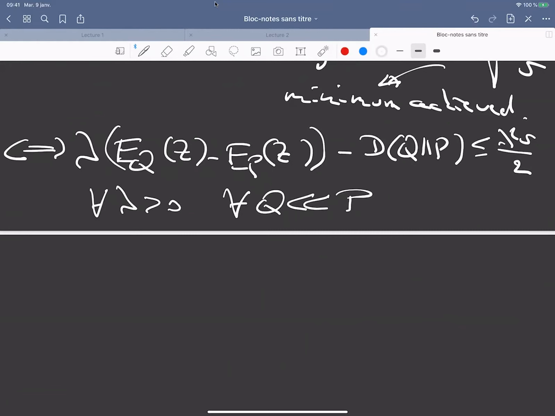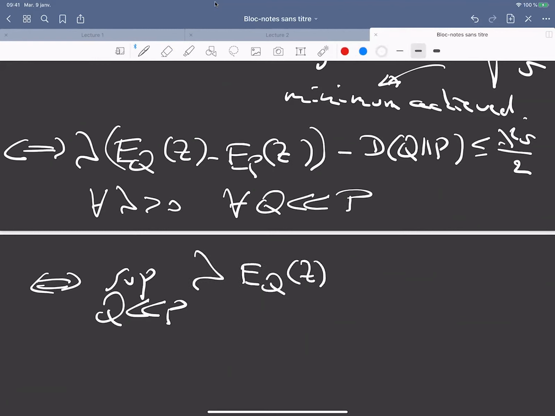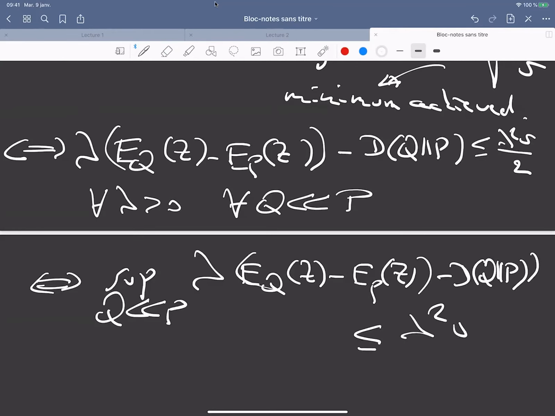And so this tells you that the supremum over Q absolutely continuous with respect to P of lambda times the expectation of Z minus the expectation of Z here, minus the relative entropy, is less than lambda square V over 2.